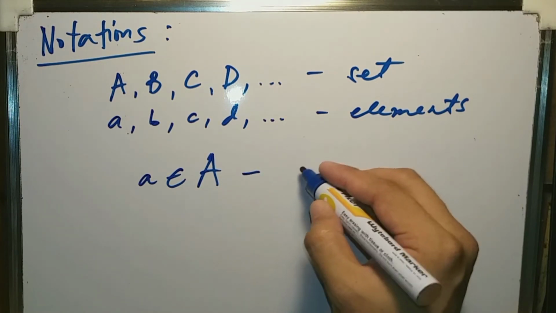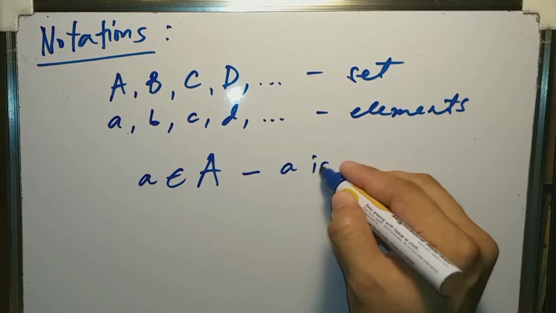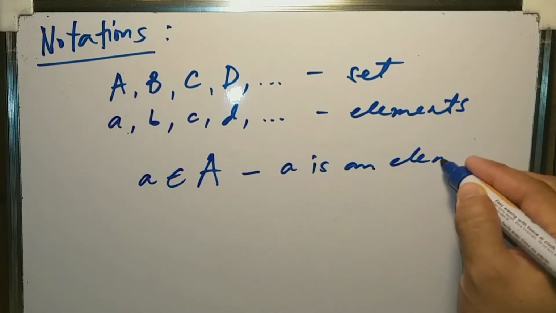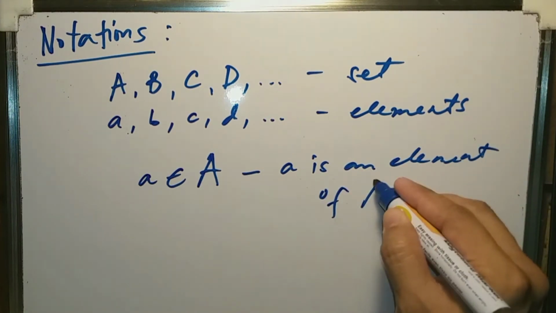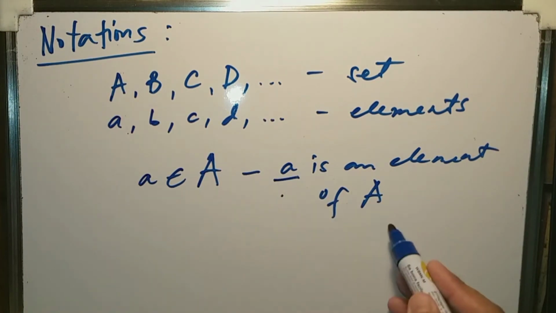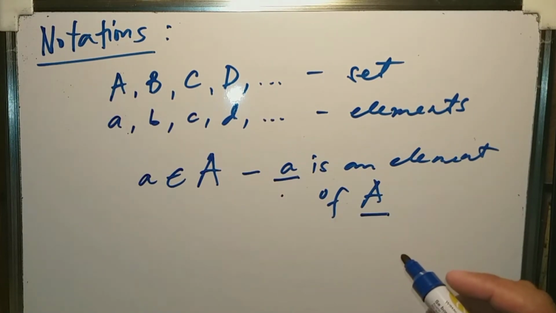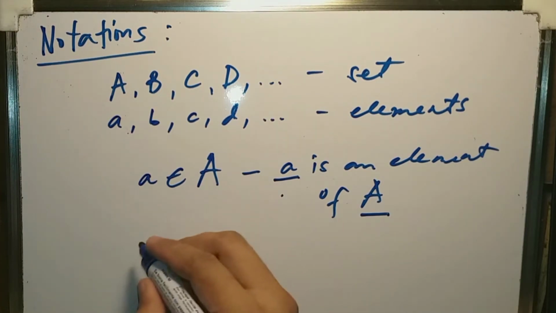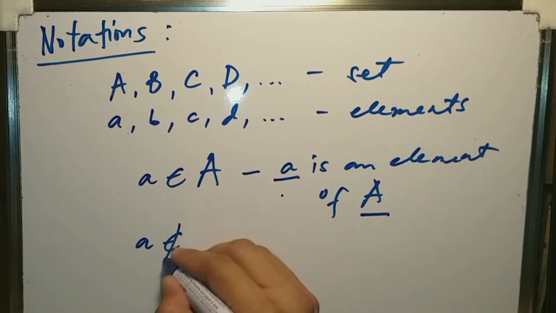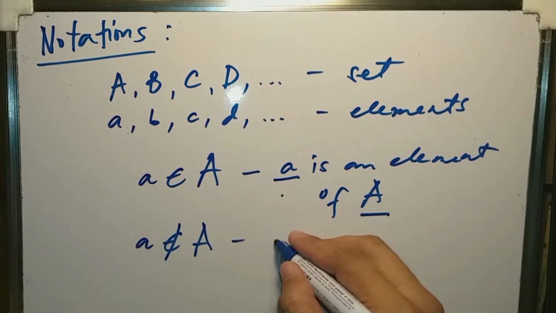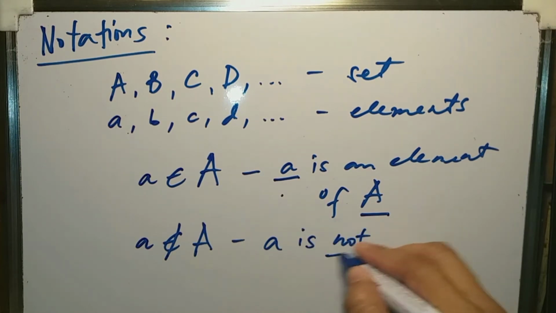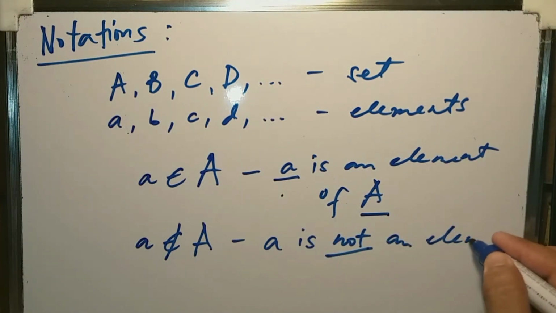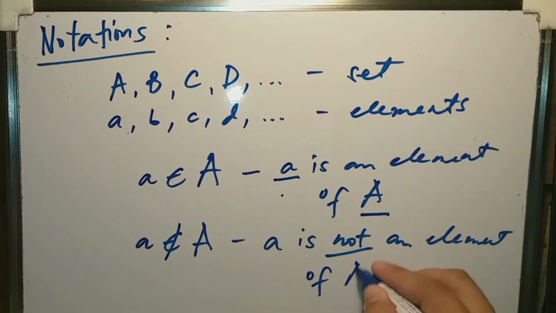So we read a is an element of A. So a is the element, A is the set. What about if a is not an element of a given set? So we write it as this. So a is not an element of A.